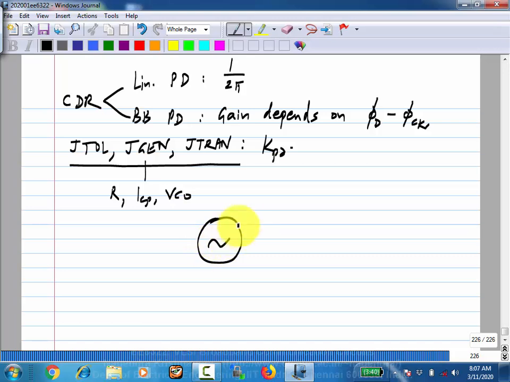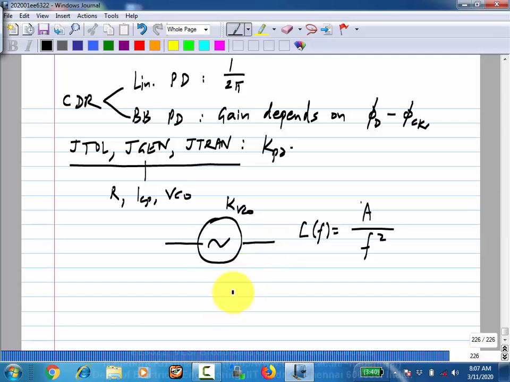Let's say this is a VCO with a gain kVCO hertz per volt. And let's say the output phase noise spectral density is some A by f squared.